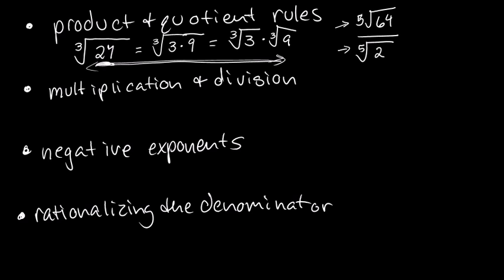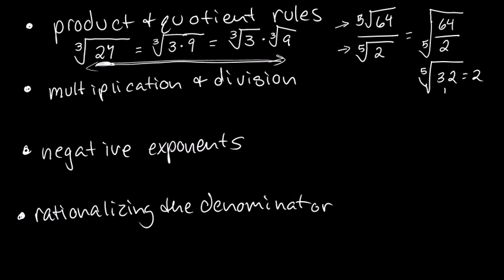In order for me to utilize these rules properly, the index number has to be the same. So the quotient rule says that I am dividing, and if the root is the same, that means I can combine the radicals and make the division problem underneath one radical. So then I should be able to take the 5th root of 64 divided by 2 is 32, and the 5th root of 32 is 2.